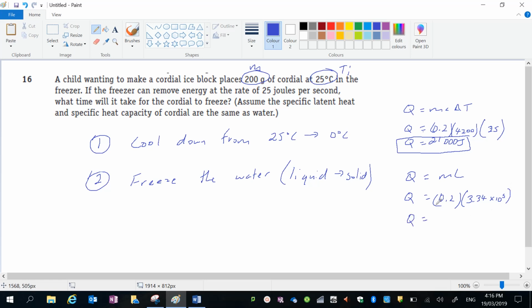Okay, so 0.2 times 3.34 by 10 to the 5 is 66,800 joules.